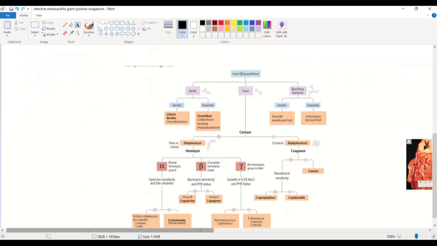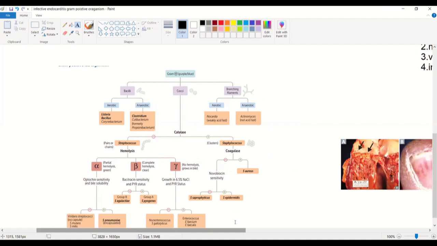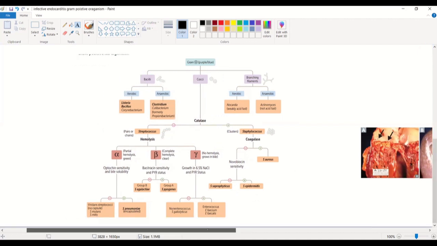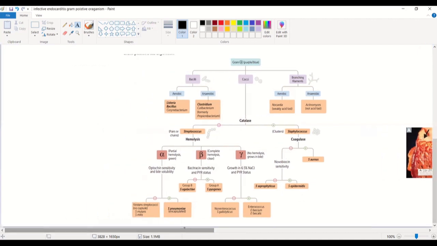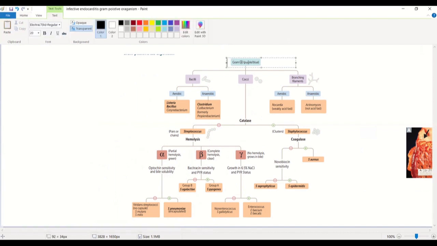Okay. So this is a very high yield slide. So the gram-positive bacteria that are involved in bacterial endocarditis, right? This is gram-positive, this is gram-positive.